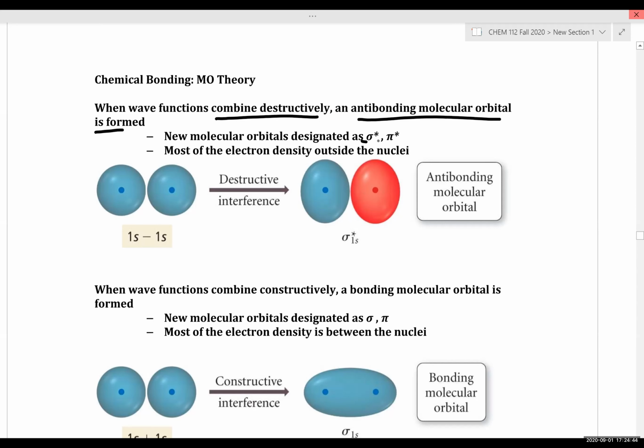This can be designated as a sigma star or pi star. Most of the electron density is found away from our two nuclei. In this antibonding molecular orbital, there is a node, a region of no electron density between our two atoms, and in general, there's a minimal amount of electron density shared between our two atoms.